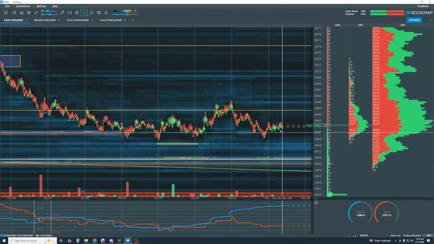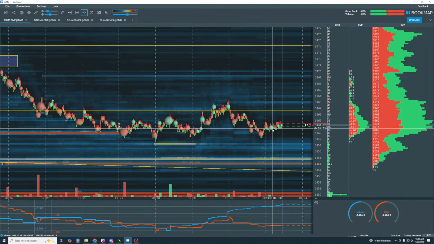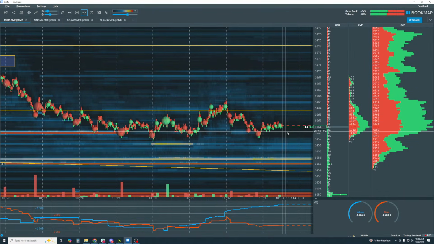Buyers are starting to maybe accumulate here, but let's see if they just get crushed here. Look for selling below 60.25 here.